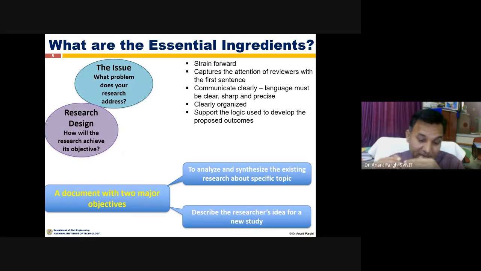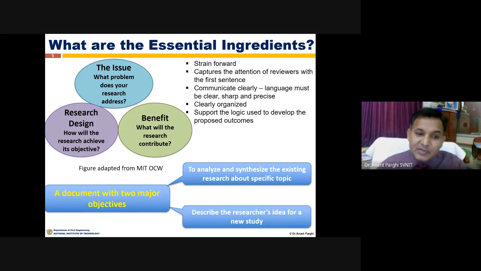It should be a feasible and practical objective. Sometimes your objective is not practically feasible. For example, you say you are going to perform an experimental investigation using an earthquake engineering shake table test, but the shake table is not available here. Then how are we going to check that problem? It will be very difficult to solve that problem.